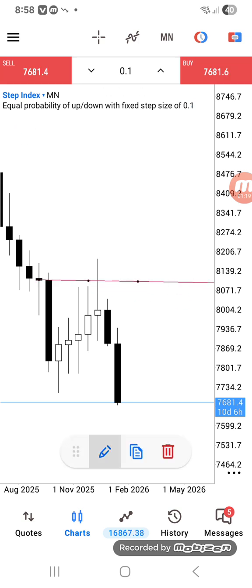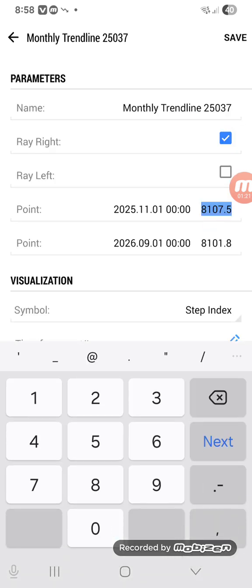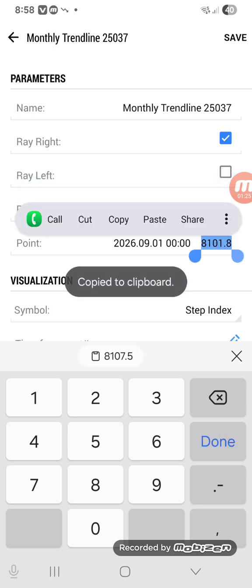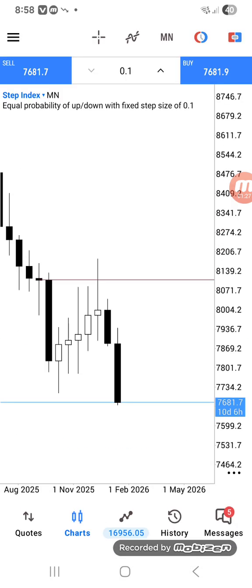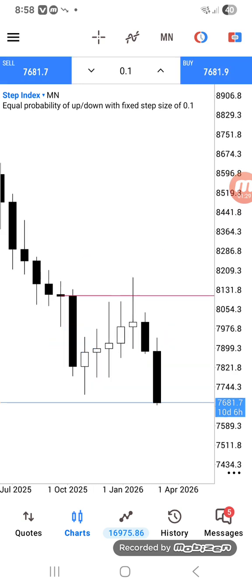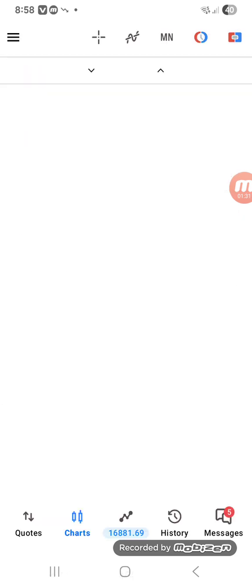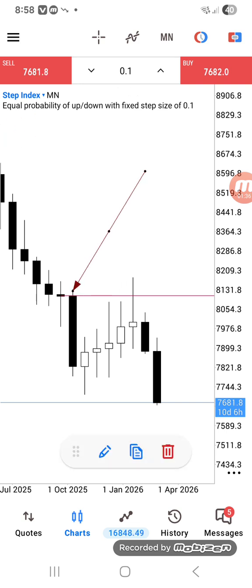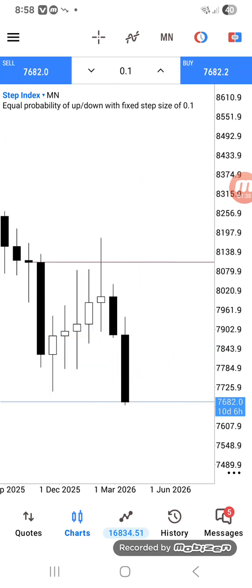We have an open close level that is fresh and it was rejected on the monthly. We can see it here. This level, the open close level, was rejected by the monthly.